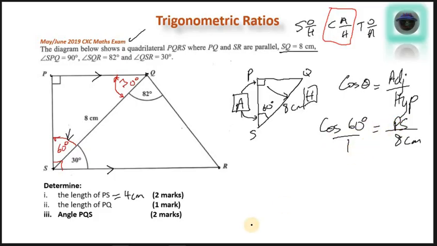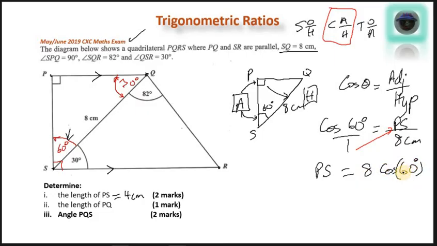And so to find PS, we can put this over 1 and we can cross multiply. So PS times 1, I mean the length from P to S. That's why I said we could actually use one letter to represent it. And 1 times PS will give us the same PS, put above the equal sign. And this will be cosine of 60 degrees times 8. We should write the 8 in front and cosine 60 afterwards.